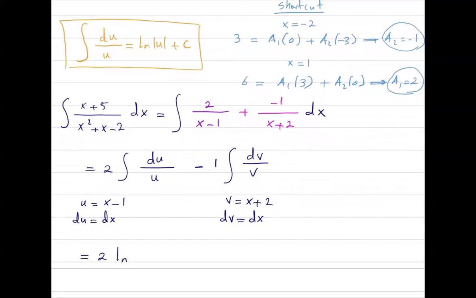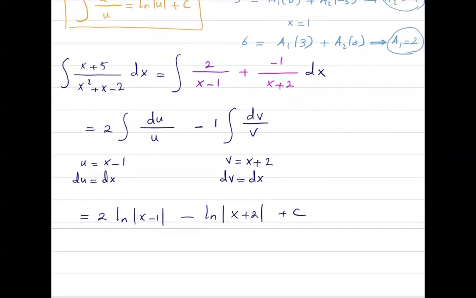So this integral can be written as 2 times ln of absolute value of x minus 1 minus ln of absolute value of x plus 2 plus constant of integration. You can use algebra to simplify this further. From algebra, remember that if you have k times ln of u, this is ln of u to power k. So if you have k in front of the ln, this k acts like an exponent for the quantity inside ln.